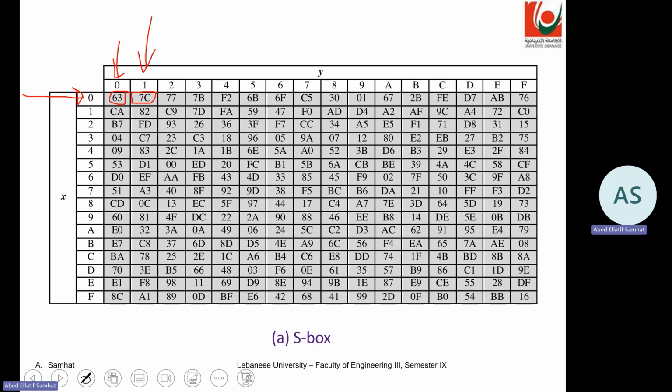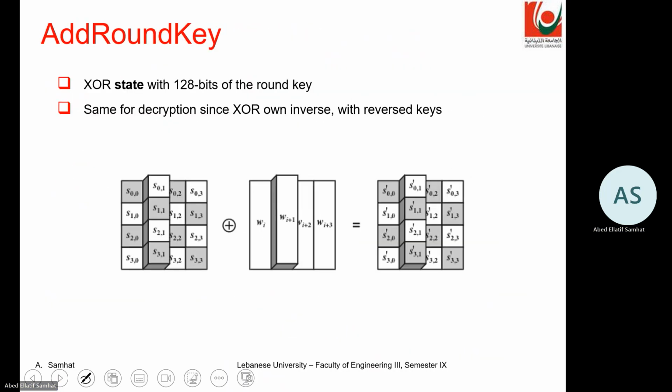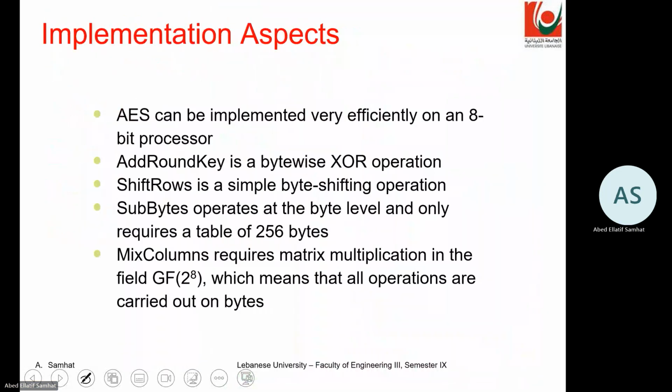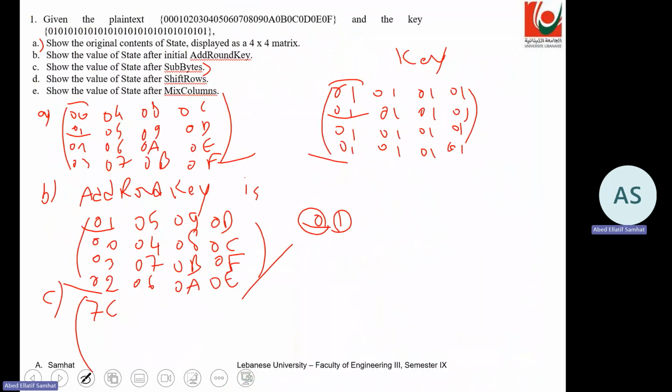And the last one, for 03, it will be 7B. So that's why here we say for 00, it will be 63. For 03, it will be 7B. And we can check also for 02, it will be 77.